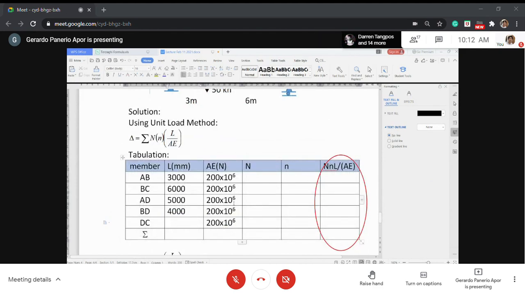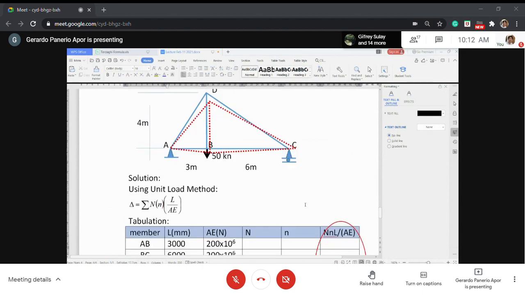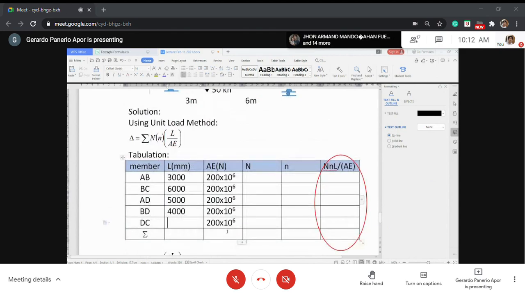And for DC, you can compute that: 16 plus 36, 52, square root of 52. That's 7211. 7211 mm. Okay? 7211 mm.